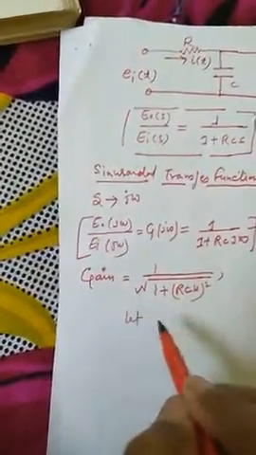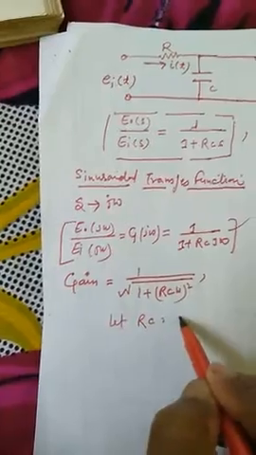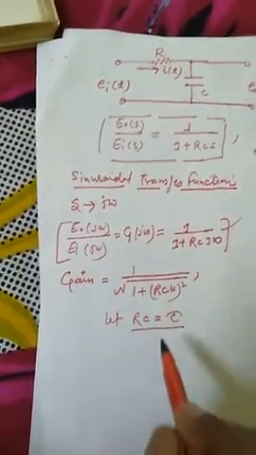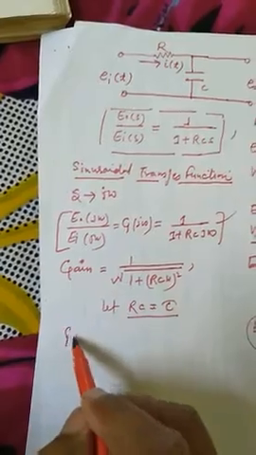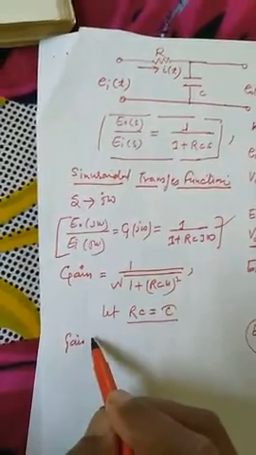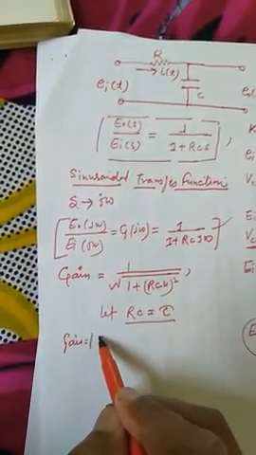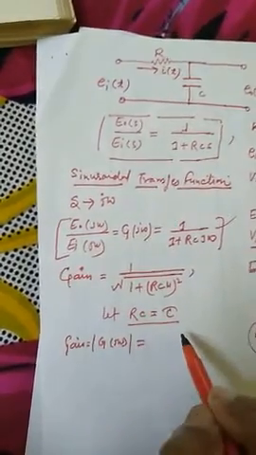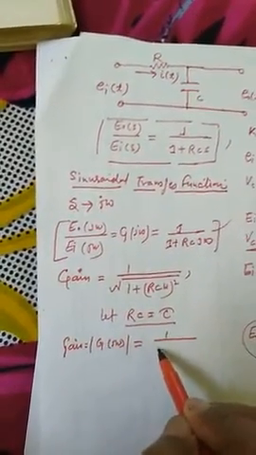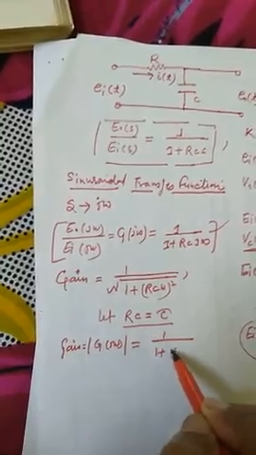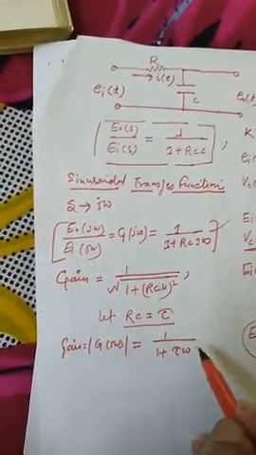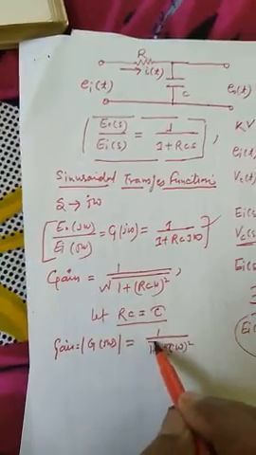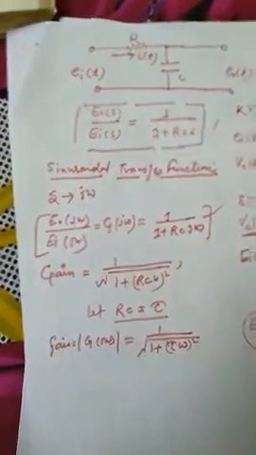Let RC be given by a constant tau, that is the time constant. Then this gain, the magnitude of G(j omega), is 1 upon the square root of 1 plus (tau omega) squared. So this is the gain.